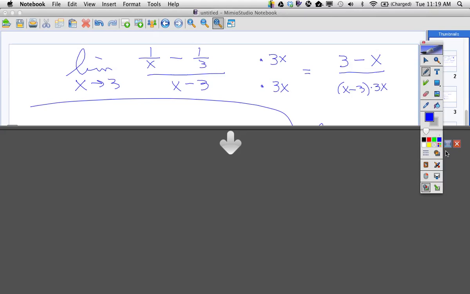Okay. If you're stuck, I'll give you a little glimpse of the beginnings of one method here.